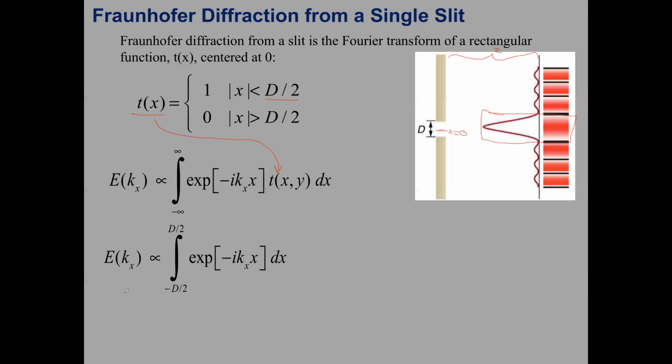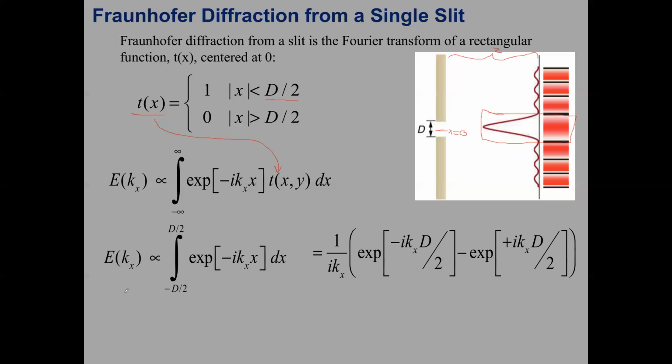So let me just take this and print out the result, plugging in the bounds. We have a minus 1 over ik that drops down in front, and I forgot a minus sign here, so let me fix that.